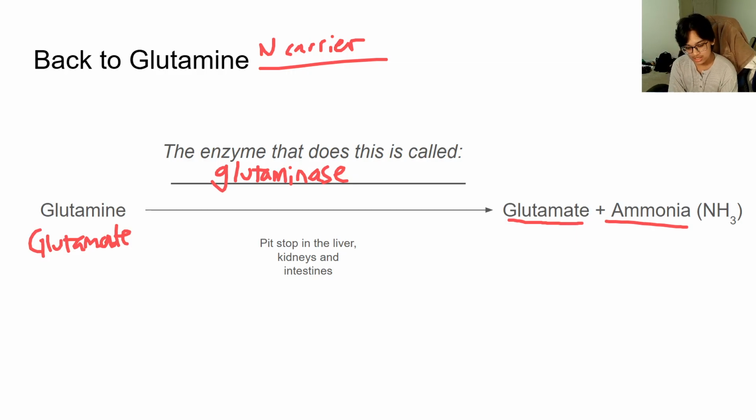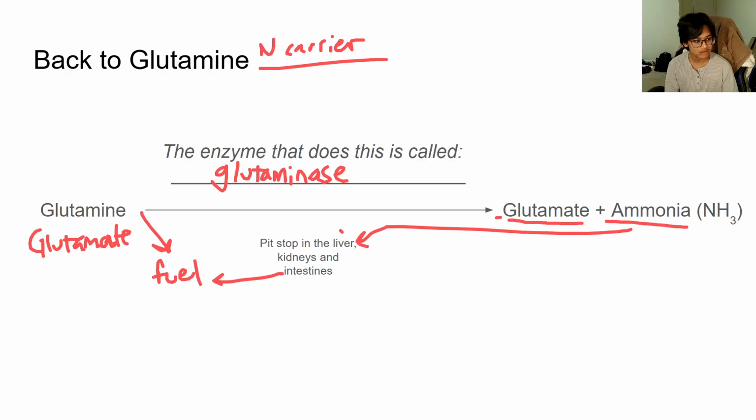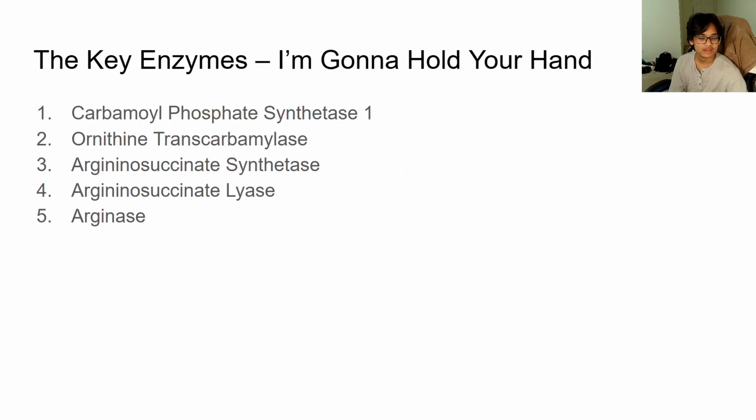I'm gonna be honest, I can't remember why. I know that glutamine is fuel in the intestines, and then the ammonia helps with the urea production in the liver. I don't know. Sorry, I stopped us for that. Let's go back.